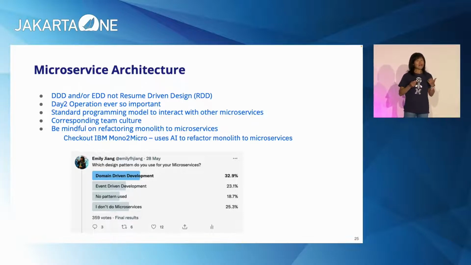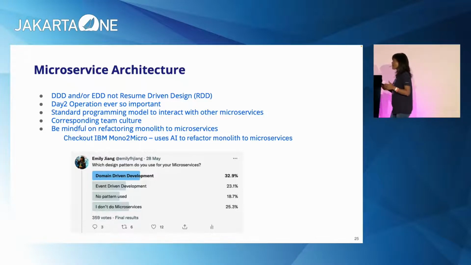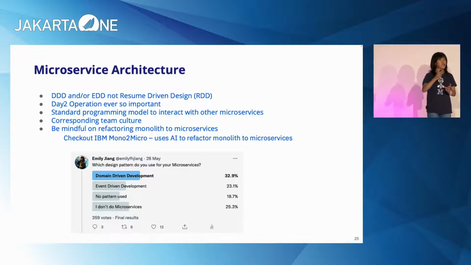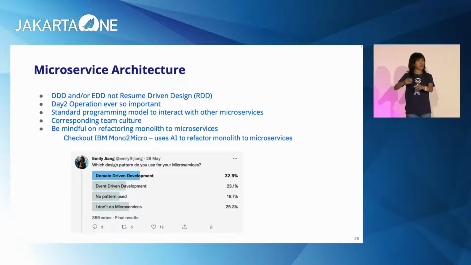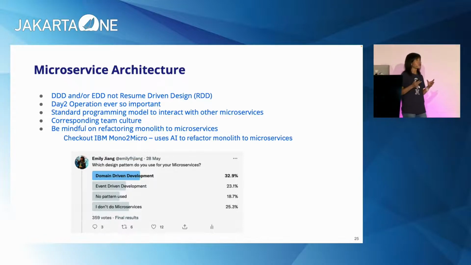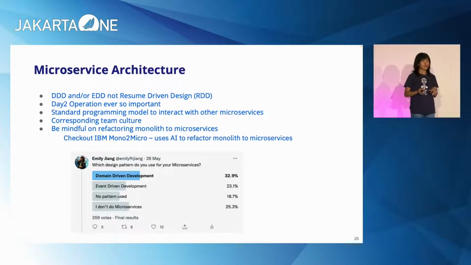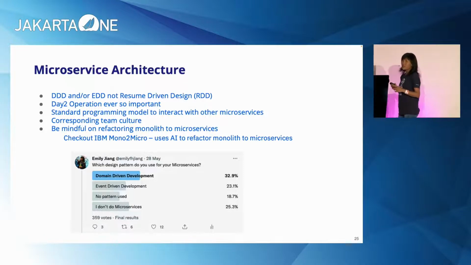And then the fifth thing is refactoring. If you have a monolith, and some part of the monolith needs to be scaled out or scaled down independently, this is a really valid use case for chopping your monolith into microservices. But you need to be mindful of how you split these monoliths into microservices.